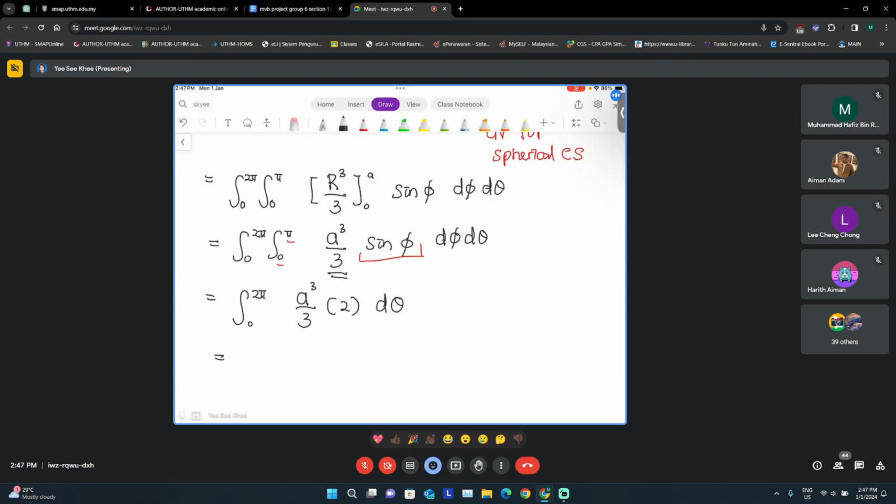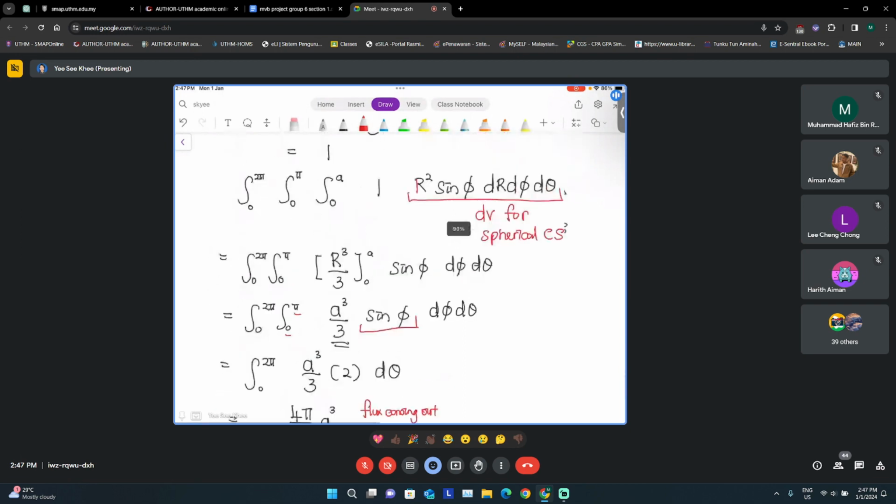And finally, you have the integration with respect to theta. So you get 4 pi over 3 a cubed. This is the flux coming out from the sphere by using the divergence theorem. Flux coming out. So you can compare the left hand side answer and the right hand side answer.